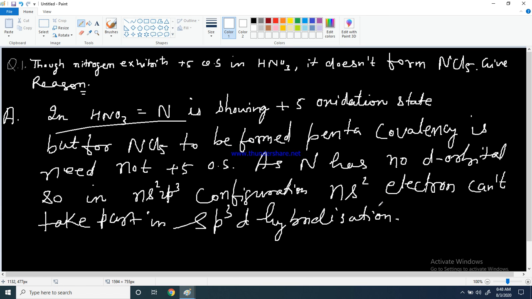Second: why does PH3 have a lower boiling point than NH3?